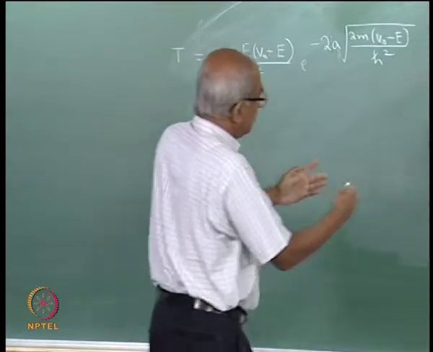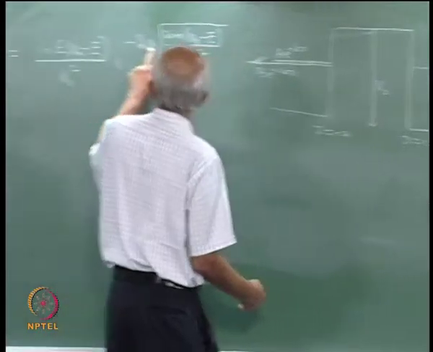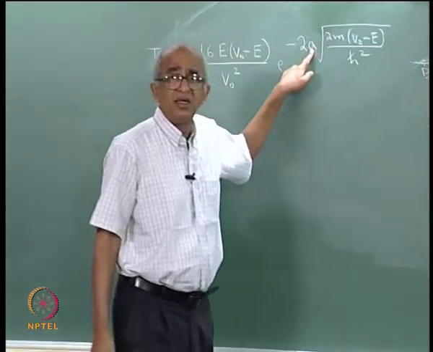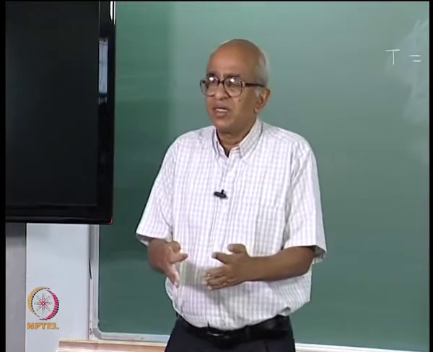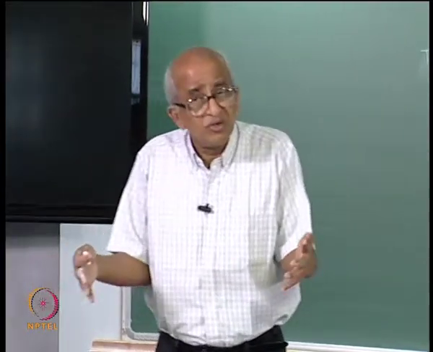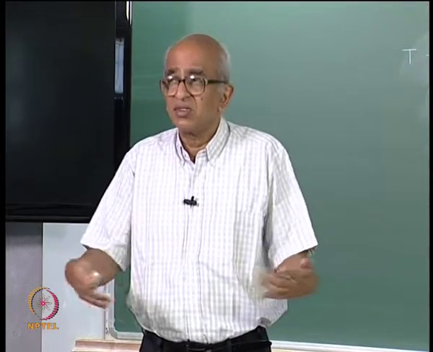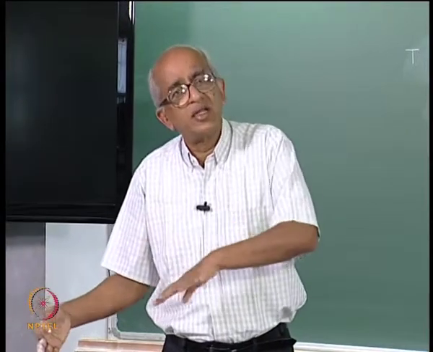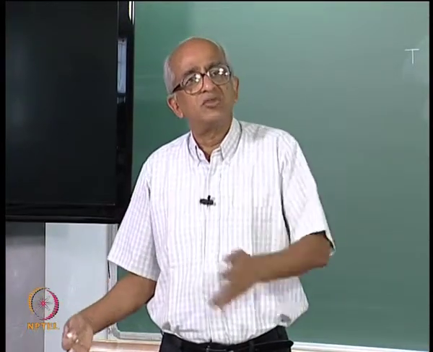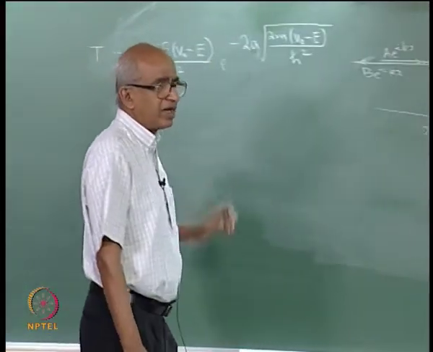And further, if you made the barrier width larger, that means you are going to increase the value of A. Again, as expected, you will find that the tunneling probability decreases. Again, you should remember that it is decreasing in an exponential fashion, and therefore the decrease is rather rapid. As you make the barrier wider and wider, the probability that the particle will pass through decreases very rapidly. And again, you can ask, how does it depend upon the mass of the particle?